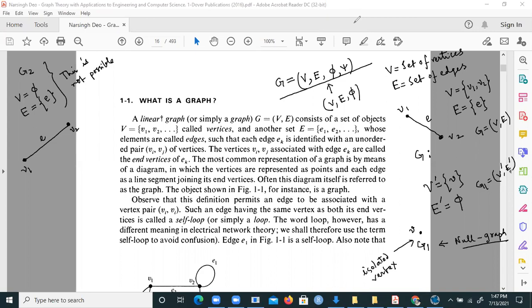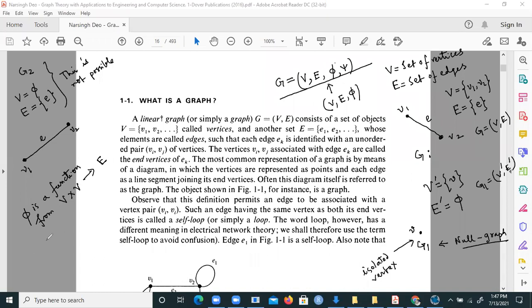But what about this phi and psi that I'm talking about? Phi is a function from the vertex set V cross V to the edge set capital E. It gives a connection between the Cartesian product of the vertex set with itself and the edge set.